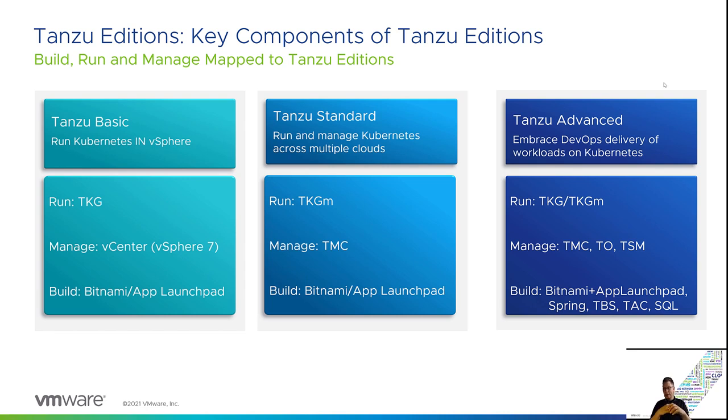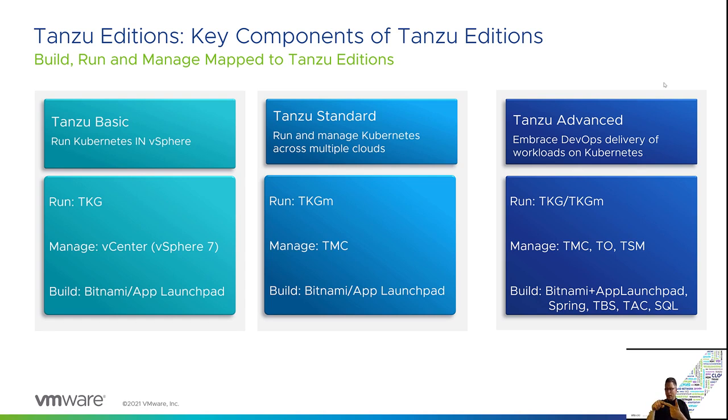And at the higher or upper spectrum of the packages, we have Tanzu Advanced. Tanzu Advanced is almost the whole portfolio I showed you, so you will be entitled to run Kubernetes anywhere, be it on vSphere on-prem, be it in a hyperscaler.